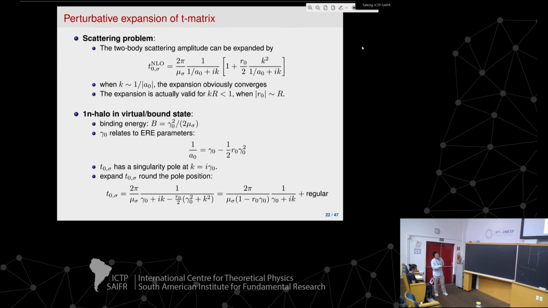Then you get this coefficient times 1 over gamma 0 plus ik. This will give you exactly where the pole of this two-body T matrix is. And this coefficient is called the renormalization constant. Later on, we will show that this is related to the asymptotic normalization constant of the wave function.